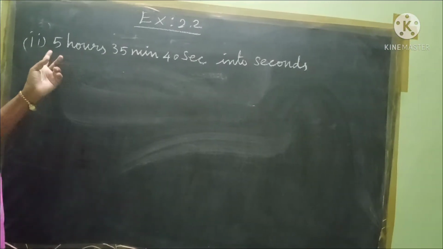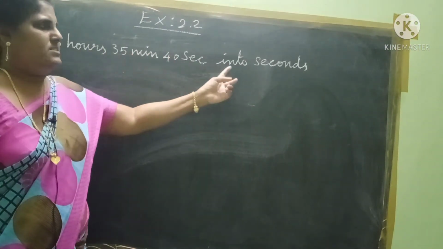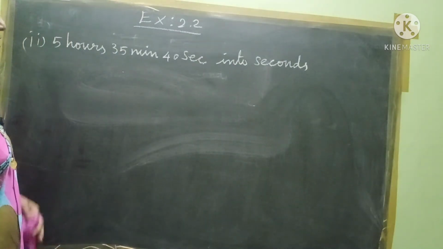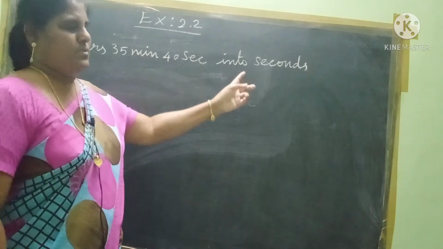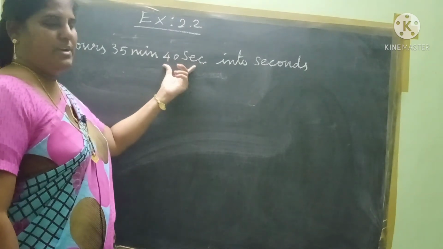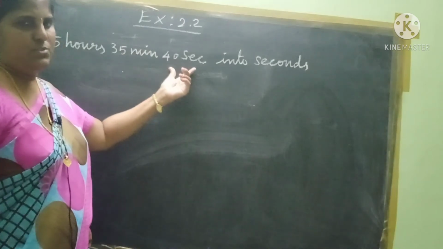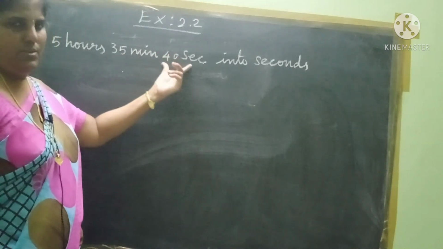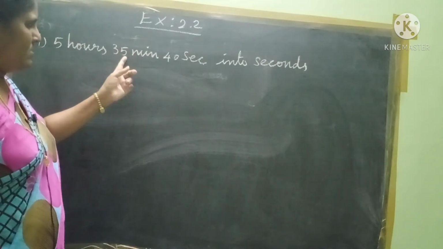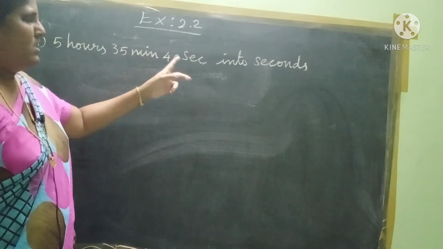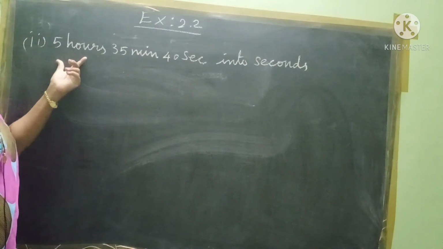The next one: 5 hours 35 minutes 40 seconds into seconds. So now we are going to change all of this into seconds only. How many seconds are remaining? 40 seconds. This one we need not change, because it is already in seconds. How many minutes are there? 35 minutes. So now we are going to change minutes to seconds. Next, 5 hours.